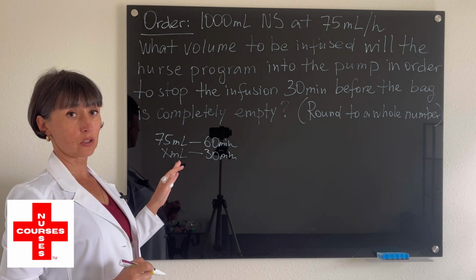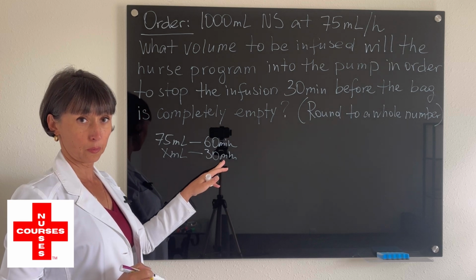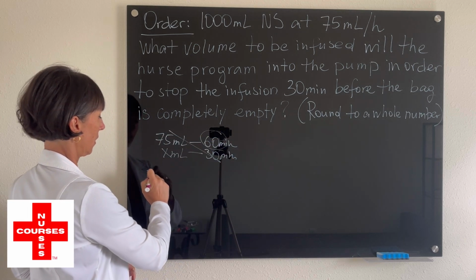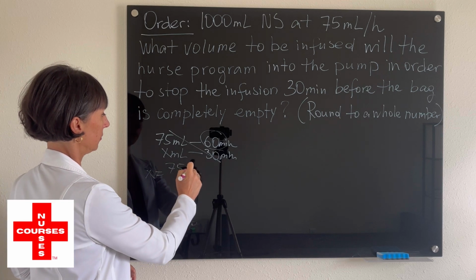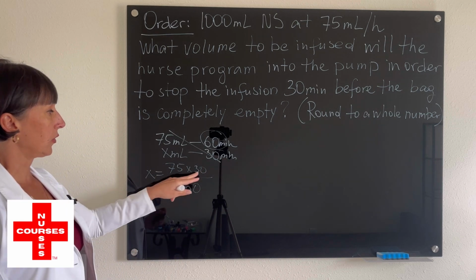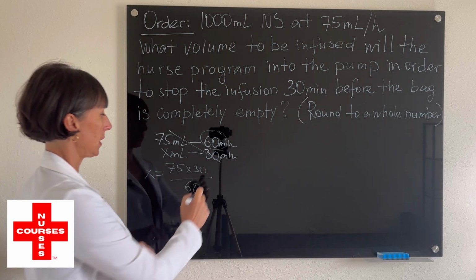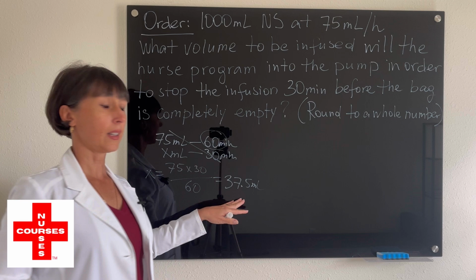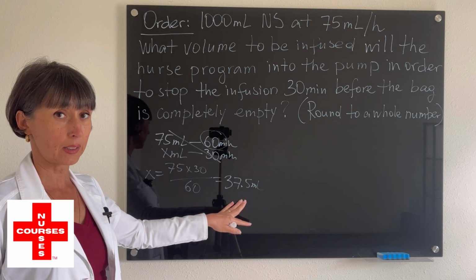How many milliliters is for 30 minutes? 75 times 30 divided by 60. And that equals 37.5 milliliters.